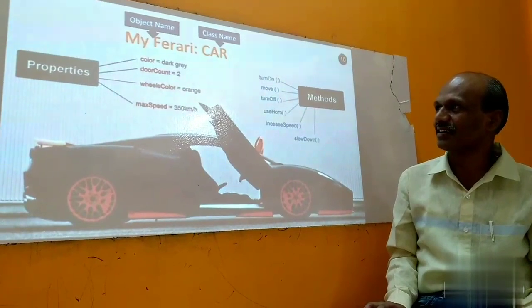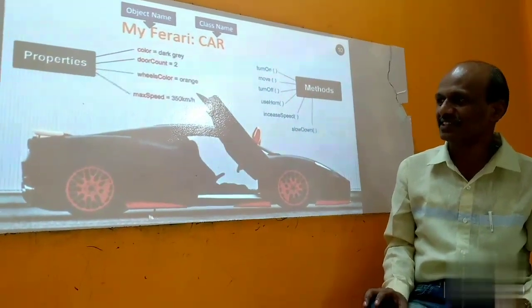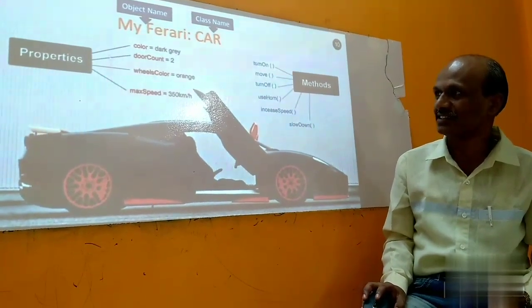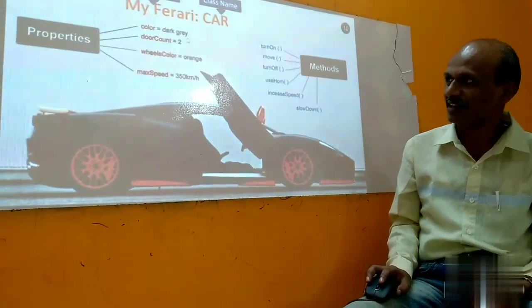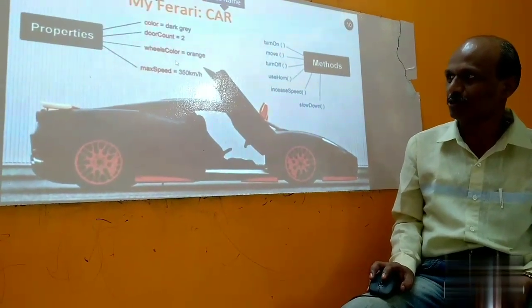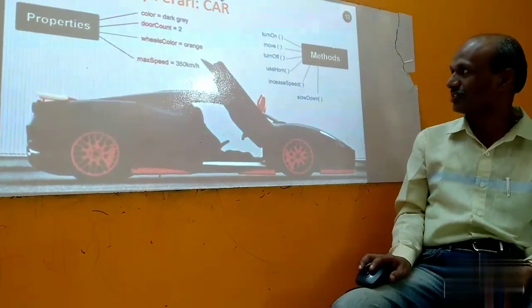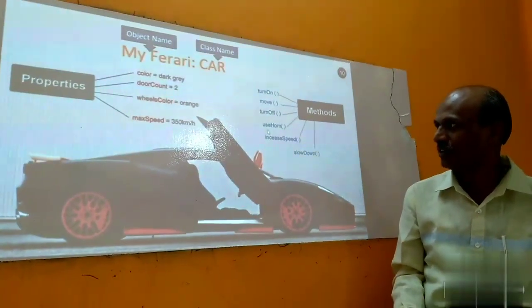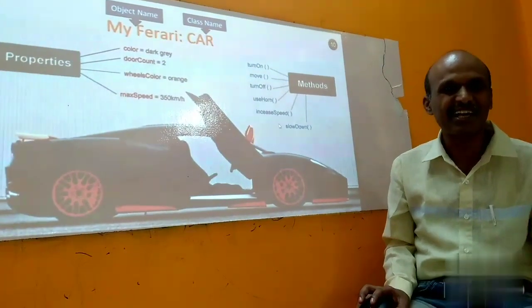In this way we can represent, suppose this is an object named Ferrari, this car is a Ferrari model, and its class name is Car. Properties with values: color dark grey, door count 2, wheel color orange, max speed. Then the methods of the car, or behavior: the car can turn on, turn off, move, use the horn, increase speed, slow down, accelerate, decelerate.